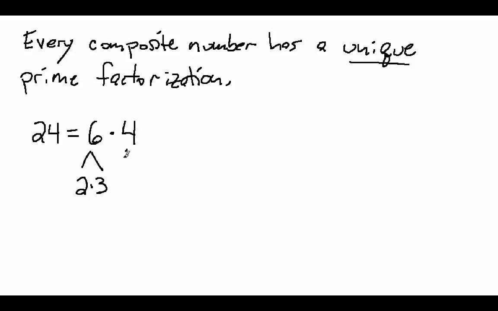Likewise, 4 is equal to 2 times 2. And 2 and 2 are both prime numbers. So I notice here that 24 is actually equal to 2 times 2 times 2, so that's 2 to the third, and over here we have 3 to the first. Okay? This over here is the prime factorization of the number 24.